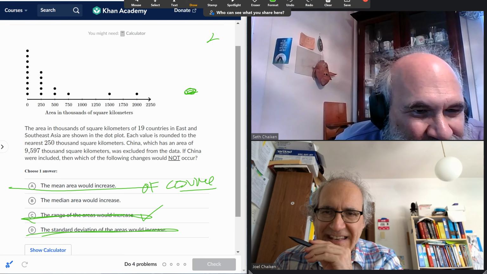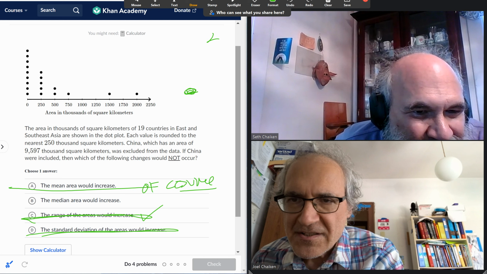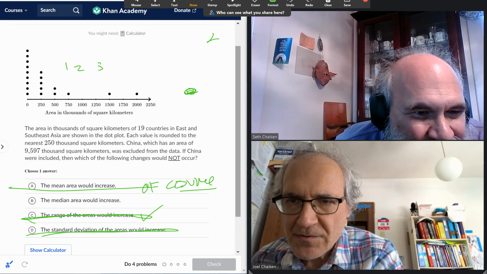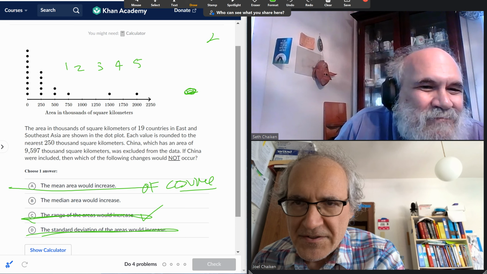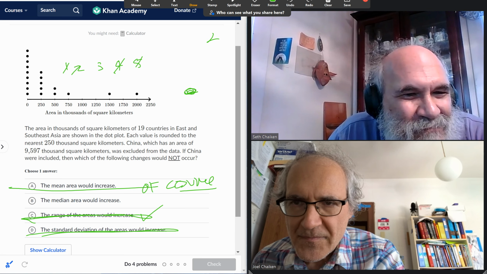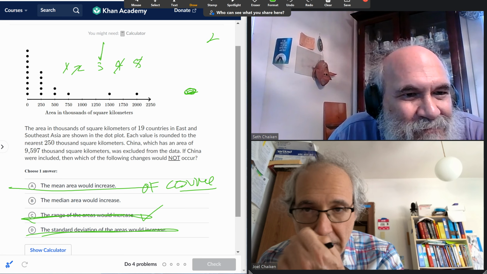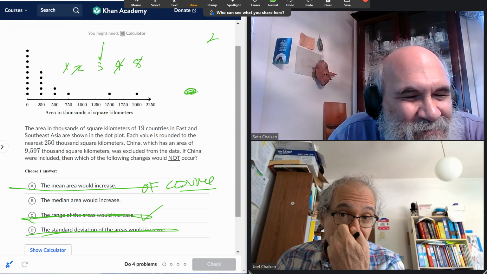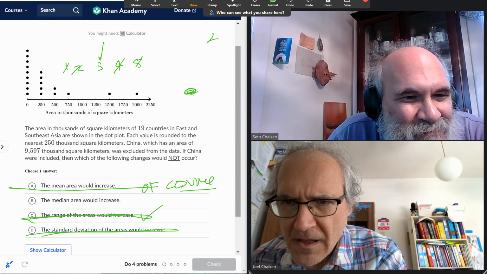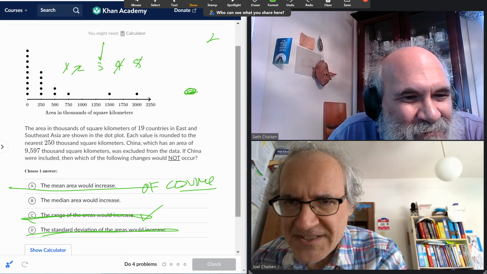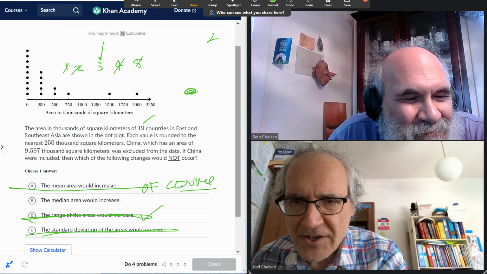Now, if you have 19 countries, so let's make 5 countries. 1, 2, 3, 4, 5. If you have 5 countries, the median number is right in the middle. But wait a second. If you have 6 countries, because you've added one, you have an odd number of countries.